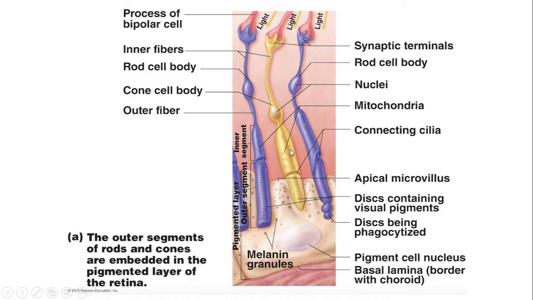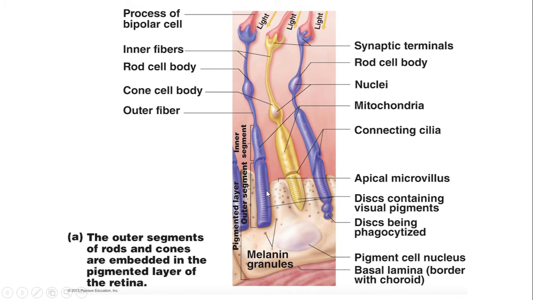And they're embedded into this pigmented layer, right, this is one pigment cell, and the shape of their outer segment is distinctive towards their name. So this is rod shaped for the rods, and then the outer segment of the cones is cone shaped.